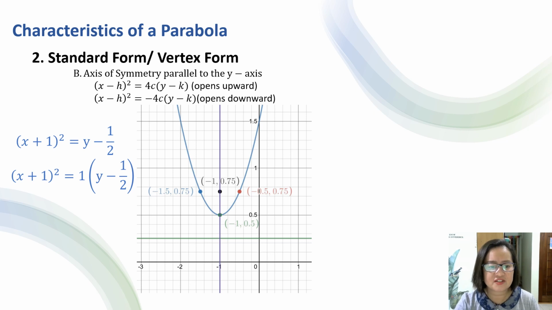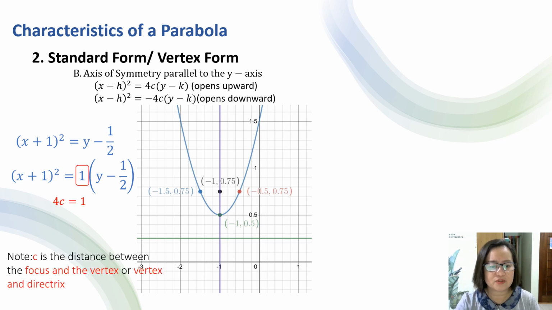Hence, we can say that 4c is equal to 1. Dividing both sides by 4, c is equal to 1/4, or in decimal form, 0.25. Note that c is the distance between the focus and the vertex, or the distance of the vertex and the directrix.